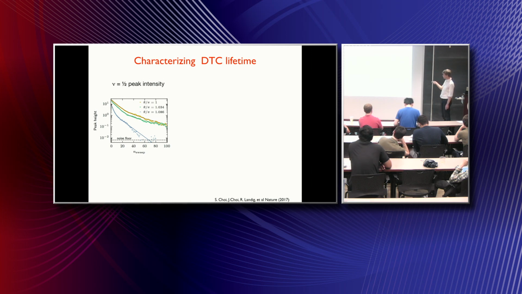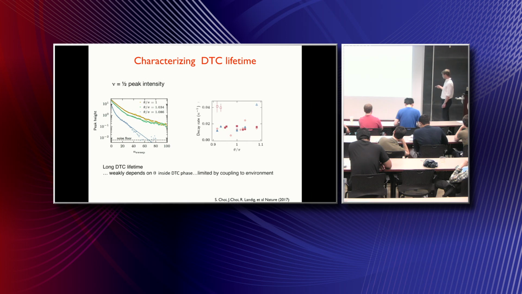But if the imperfection is relatively small, then this decay doesn't really change very much. And this is illustrated here. So, for example, if you plot this decay rate as a function of these imperfections, under-rotation or over-rotation, you see that there is a plateau, and the fact that it's not zero depends on coupling to the environment and something like this.